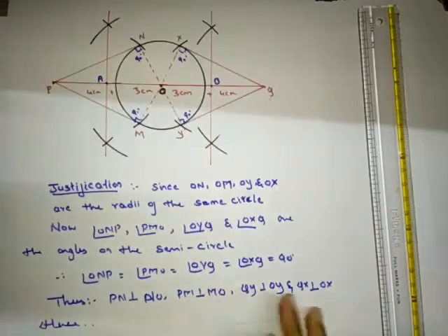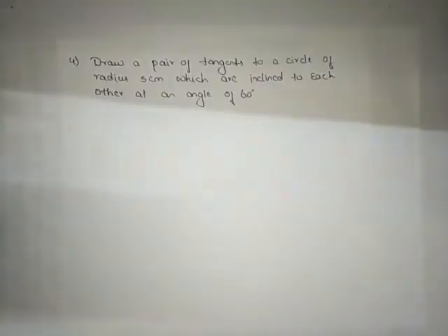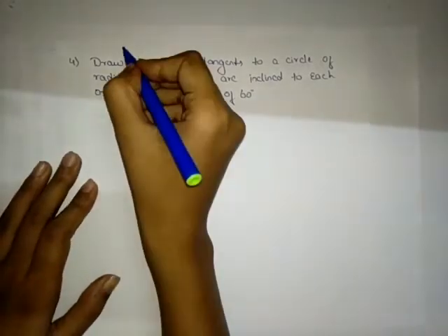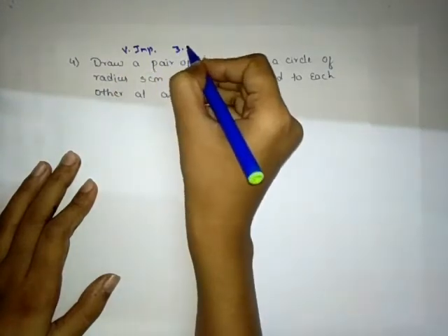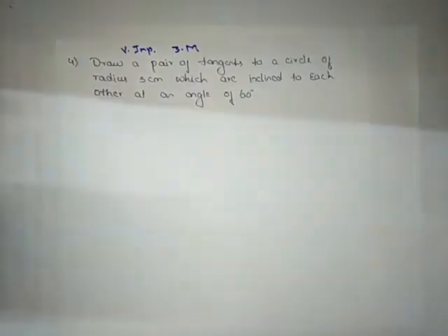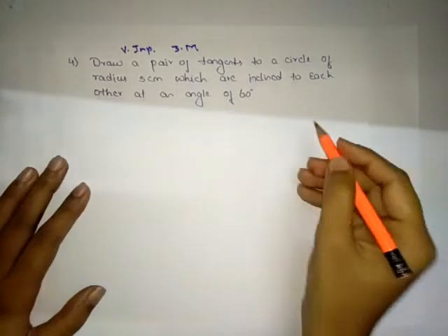Next we'll see the fourth one. Draw a pair of tangents to the circle of radius 5 cm which are inclined to each other at an angle of 60 degrees. This is a very important question. Mark it as important, it carries 3 marks. First we'll see the rough diagram for this.